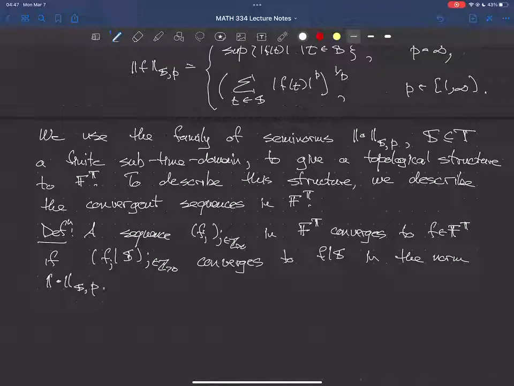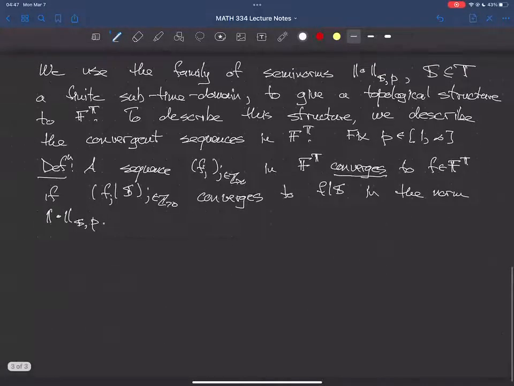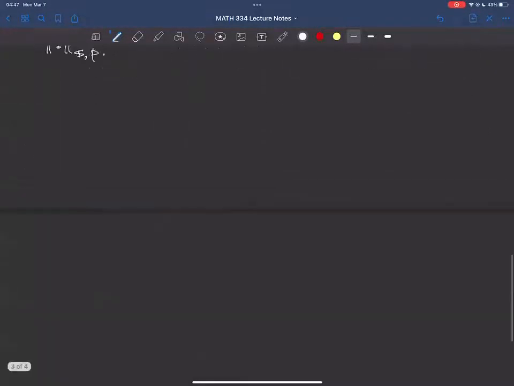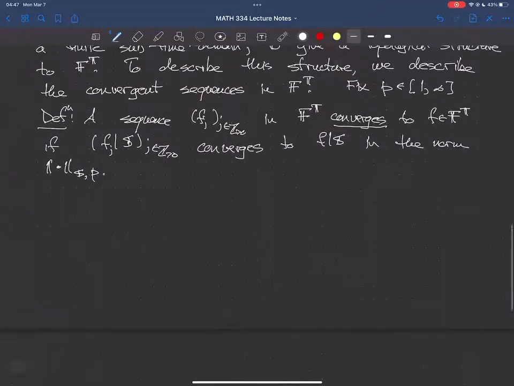For the time being, and we'll quickly see that it doesn't actually matter what P you use, I'm going to fix a P in here. All right, so that's how you describe convergence here. Let's take a look at an example so we can see what convergence looks like.